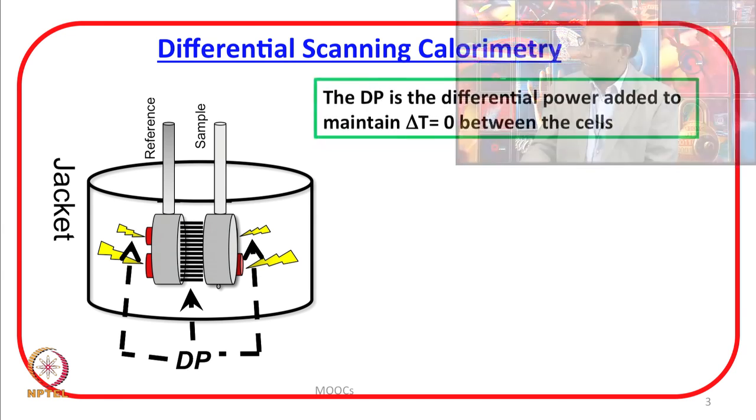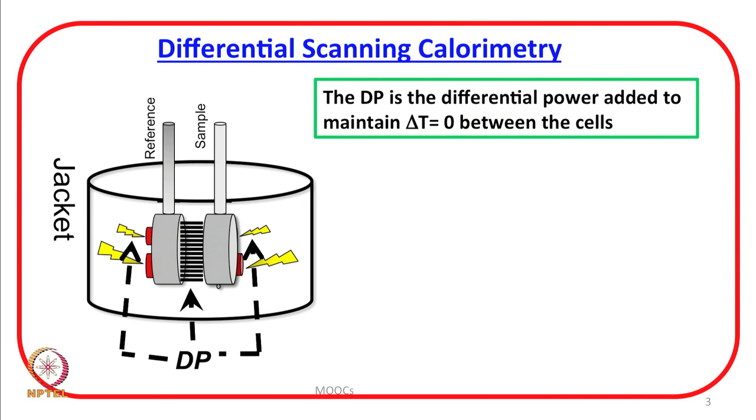So, this is what is commented over here, that the dP is the differential power added to maintain delta T equal to 0 between the cells, and is noted.